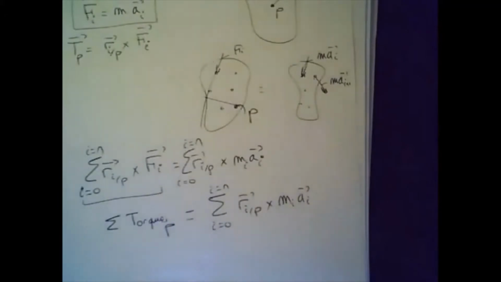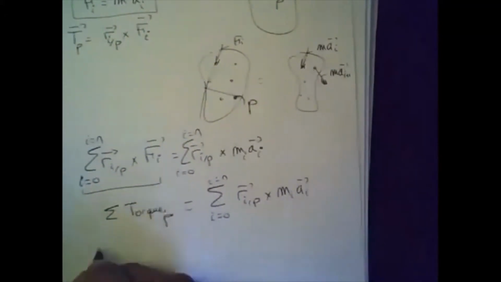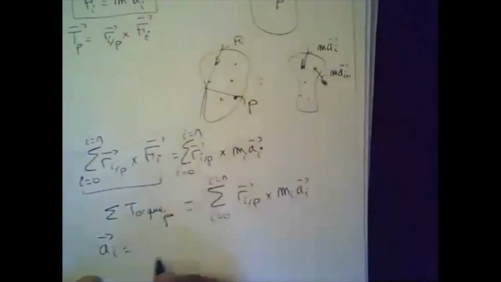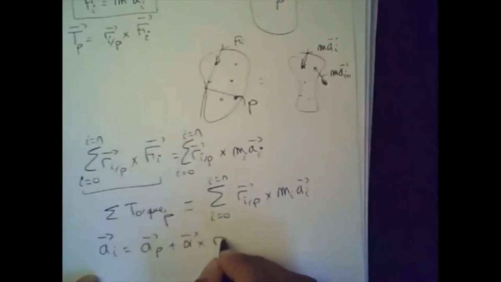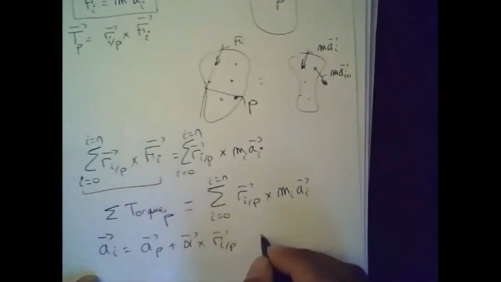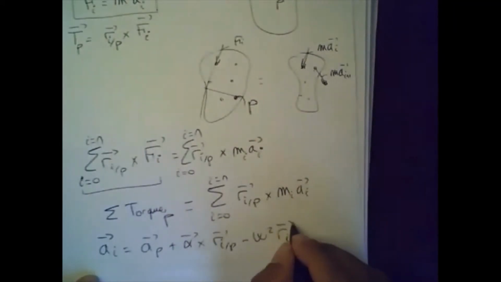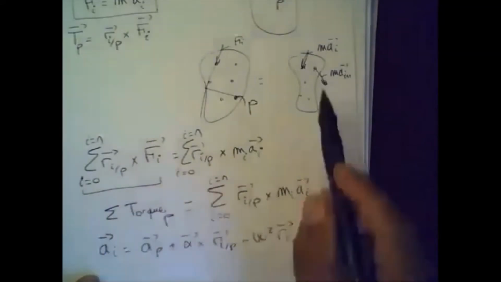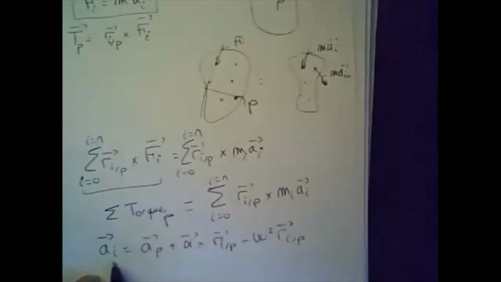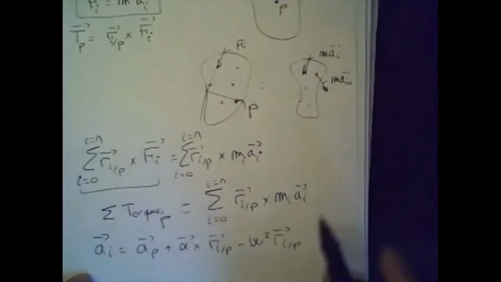I can use a simple equation. a i is related to the acceleration of point P on the rigid body: a P plus alpha cross R i with respect to P, minus omega squared R i with respect to P. So all I did is take the torque of the individual accelerations and relate them to the acceleration of point P, and also alpha and omega. Let us continue from here on this new page so you guys can see that.